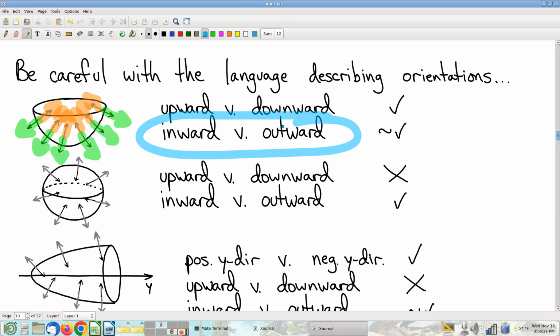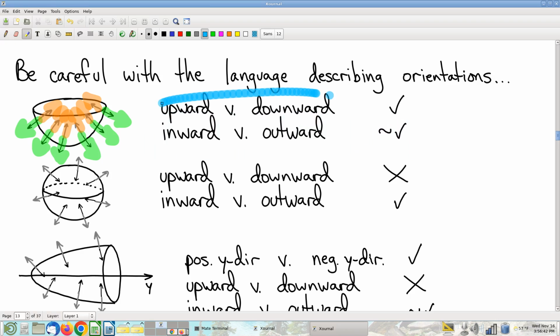The reason I put a caveat on that is that technically this surface as drawn is not a closed surface. There is no inside and outside, technically. So, look, the speaker will understand what you mean. So, I guess it's okay, but notice it's really much better to say, in this case, upward versus downward. It doesn't rely on the speaker kind of catching your drift. This is entirely unambiguous. Does that make sense to everybody?